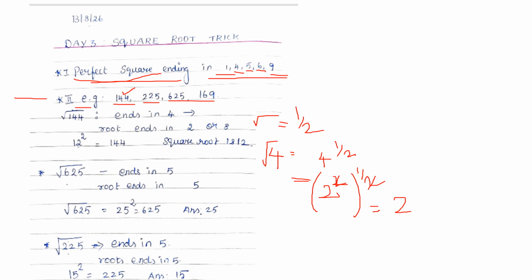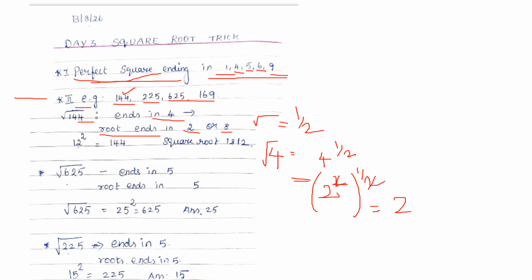But in max trick, how will you find it? Here, first, if that number ends in 4, then the square root should end in 2 or 8 only, because 2 squared is 4 and 8 squared is 64.